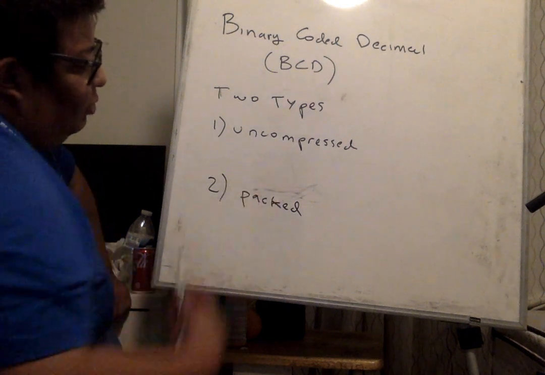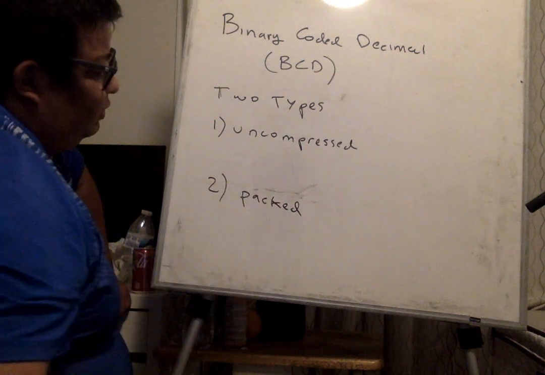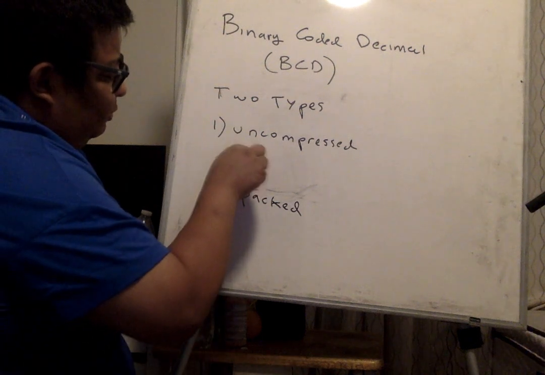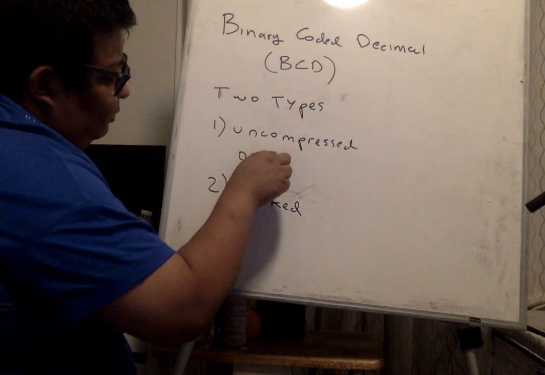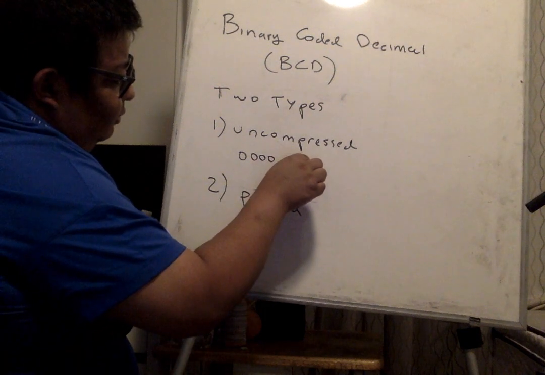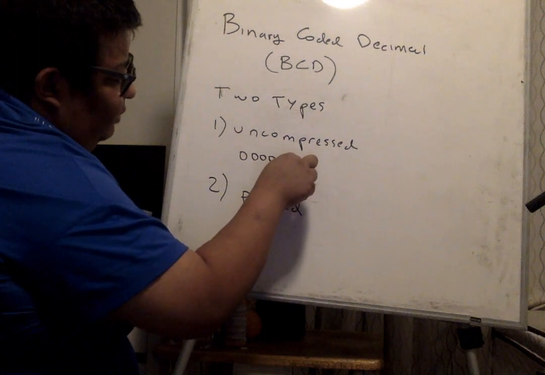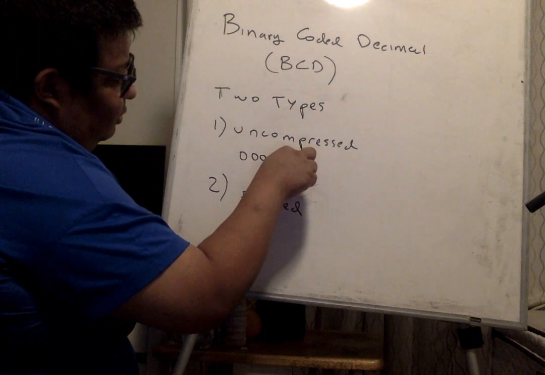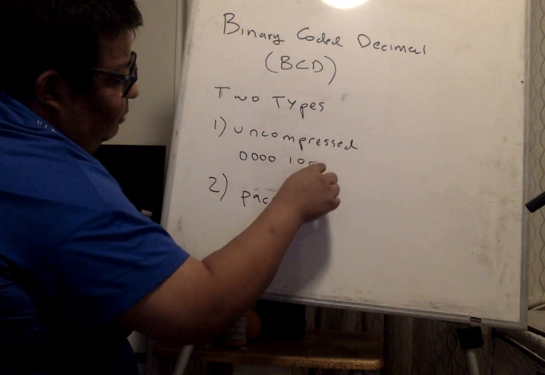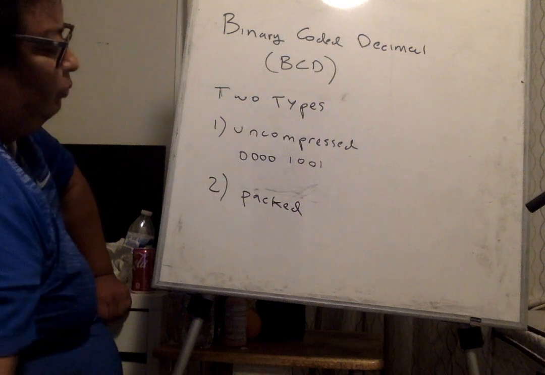Usually uncompressed is 1 byte. 1 byte represents one decimal digit. For example, 0, 0, 0, 0, and then 1, 0, 0, 1.